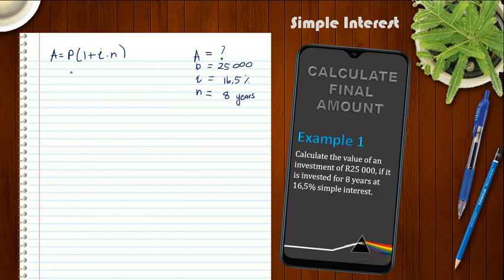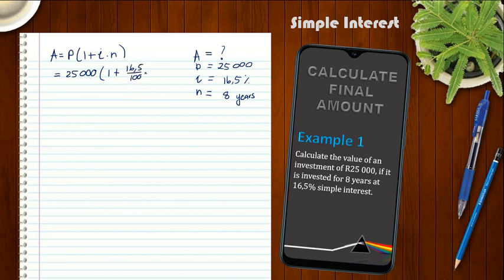Right, now since we have all these variables, we can just substitute in the ones we have and solve for the final amount. So we substitute in 25,000, then 1 plus, then the interest, you can decide whether you want to write it as 0.165 or to simply write it as 16.5 over 100.